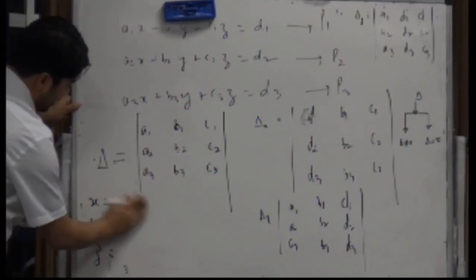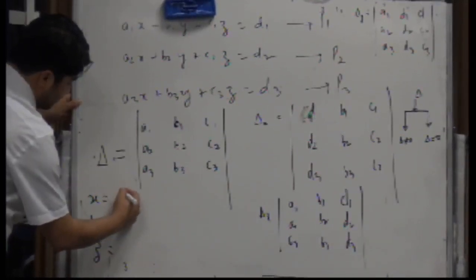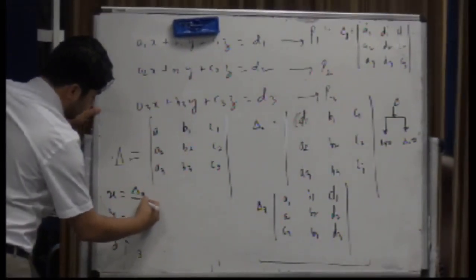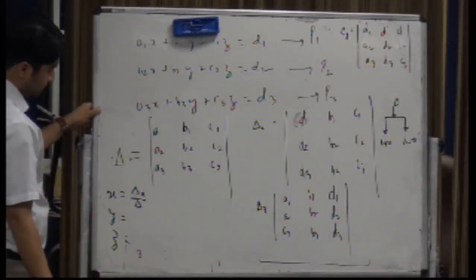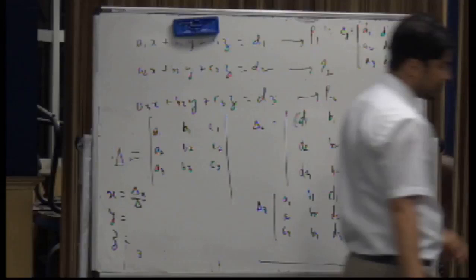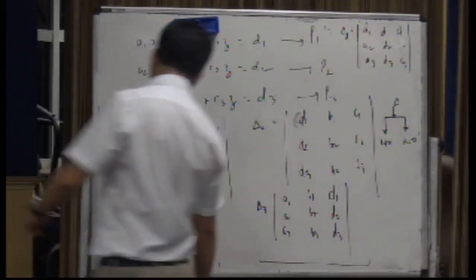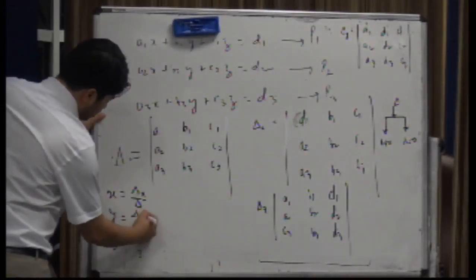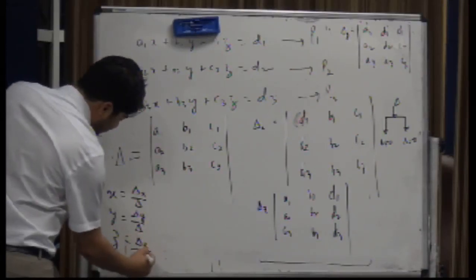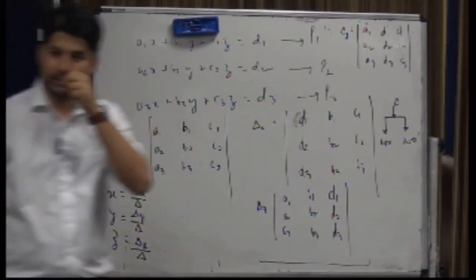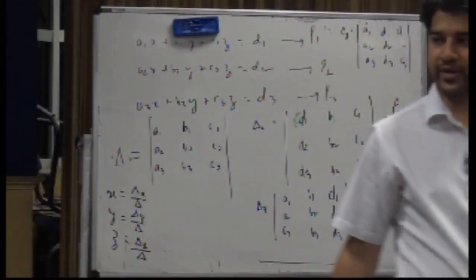X is going to be del x upon delta, and then del y upon delta, del z upon delta, right? So this is how you are going to find your x, y, z.